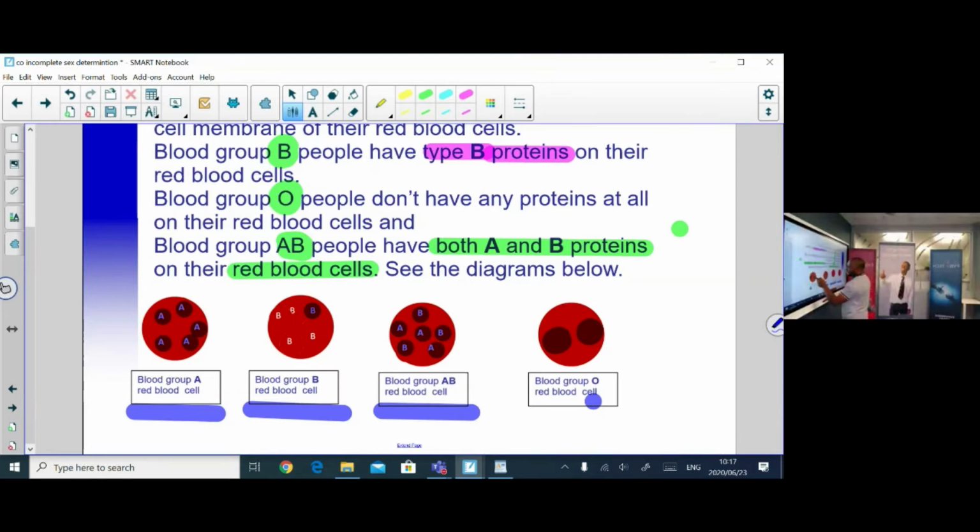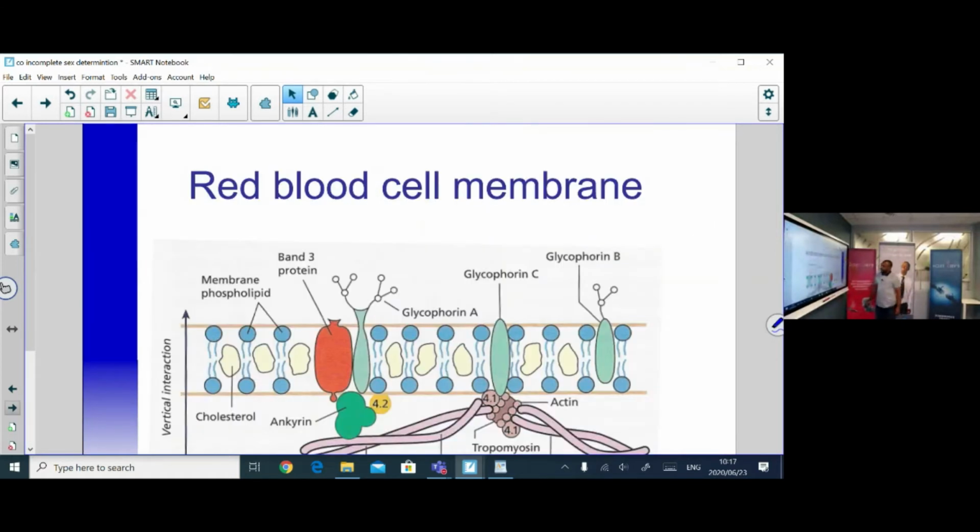There is nothing on the membrane of individuals with blood group O. That's how we come to determine the blood groups. I've gone down to draw a real membrane and break it, but it's fine. We will get to look at it at a later stage.